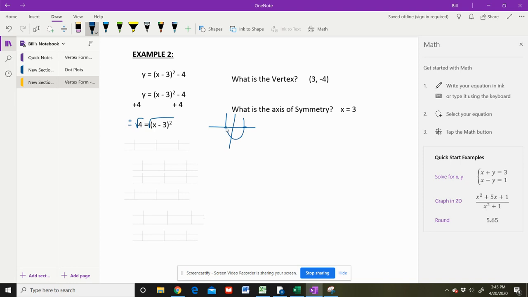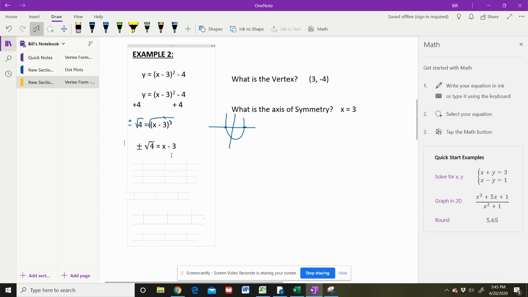I've got 2 x-intercepts. Remember we said we can use x-intercepts, we can use solutions, we can say roots, we could say, what's the other one? There's one more. Zeros, right? So when I take the square root of this side, the square and the square root cancel each other out. So I am left with plus or minus the square root of 4 is equal to x minus 3.